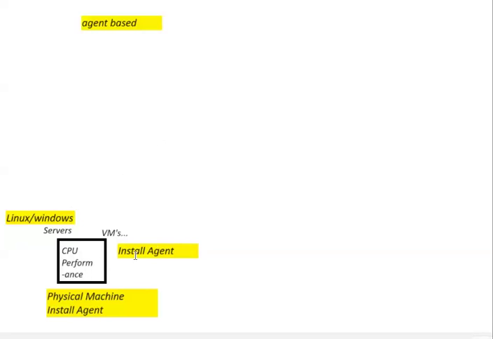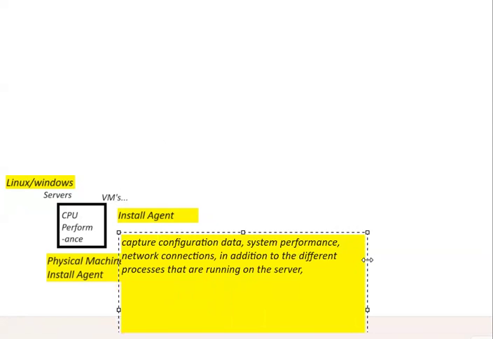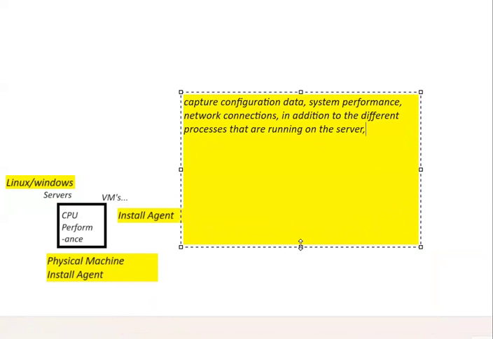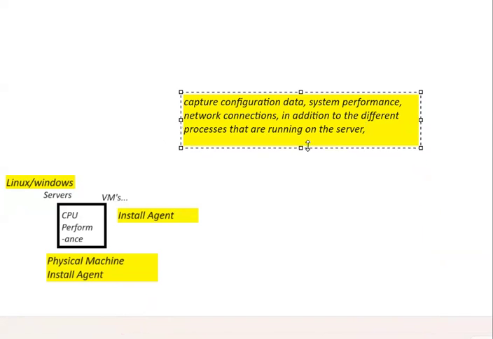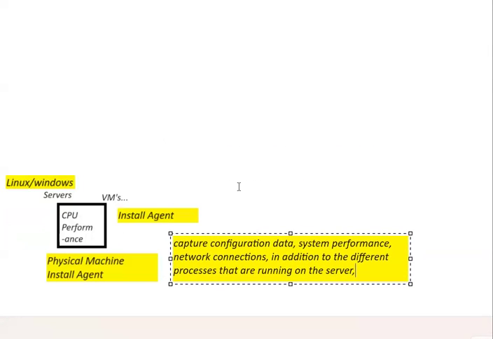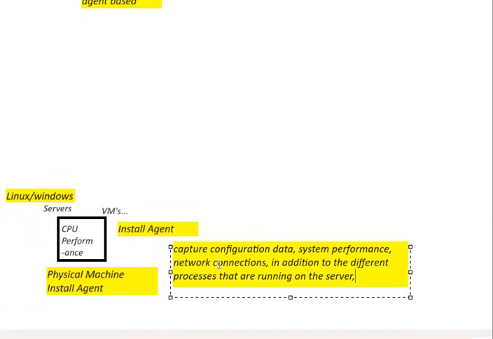After installing this agent, it captures the information. It captures the data related to system performance, the data related to network connectivity, and in addition it also captures the data related to processes that are running on your servers, so that we can easily map this to our cloud, right?